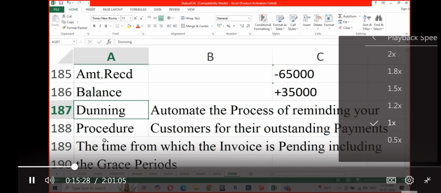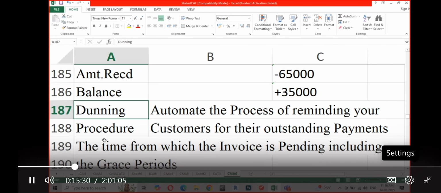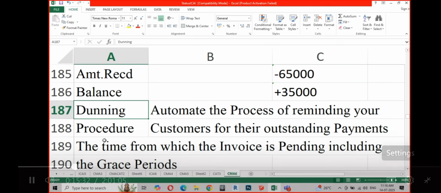So what should the dunning procedure involve? The first and most important thing, it should consider the invoices which are overdue, the sales invoices that are crossing the payment time or the receipt time. And suppose I have given the customer a grace period of say 2 to 3 days.